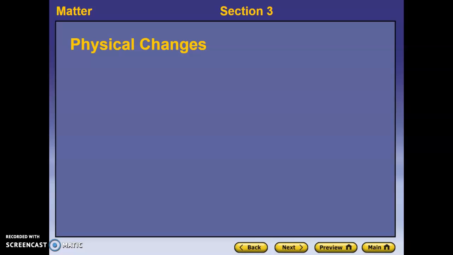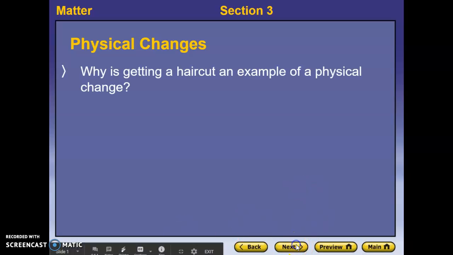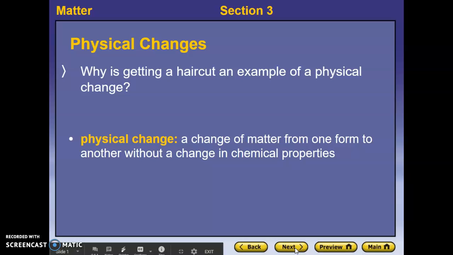So let's start with physical changes. What are some of the changes that can happen to a substance and have it be a physical change? So we start with the question, then why is getting a haircut an example of a physical change? Well, a physical change is a change of matter from one form to another without a change in the chemical properties.